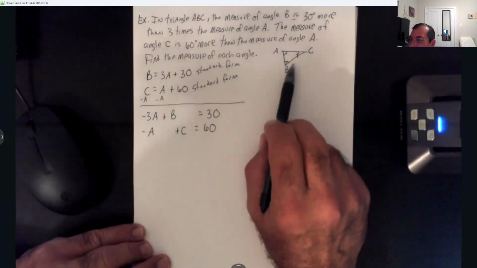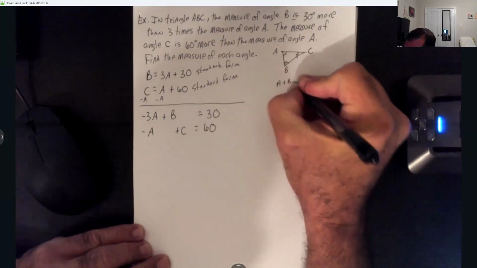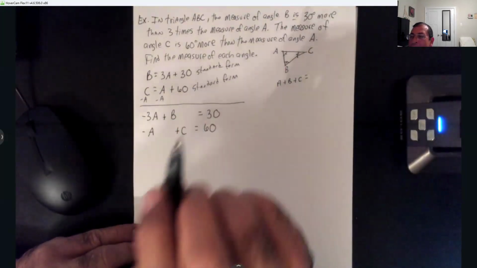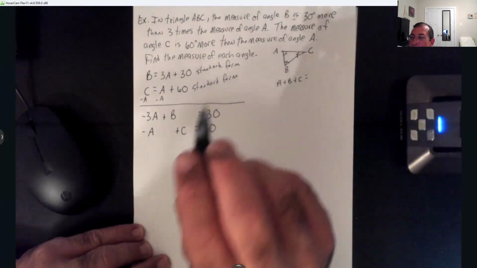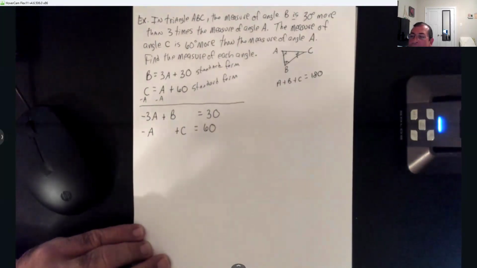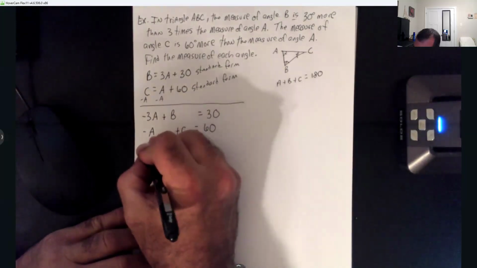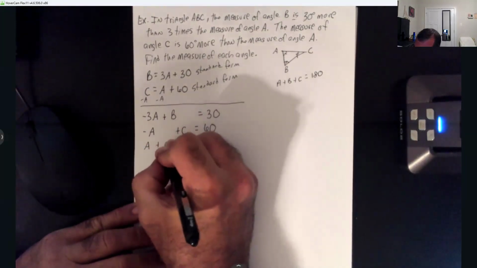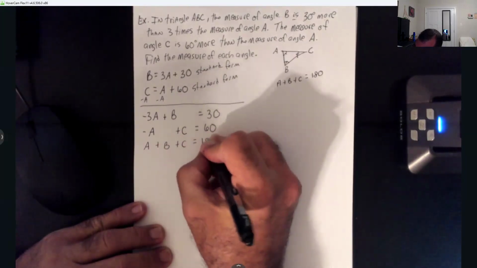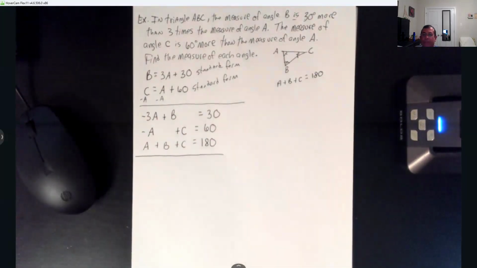So the 3 angles of a triangle, y'all, A plus B plus C. If that's a triangle, then all three angles, when you add them together, equal 180 degrees. Okay. So I know A plus B plus C equals 180 degrees.